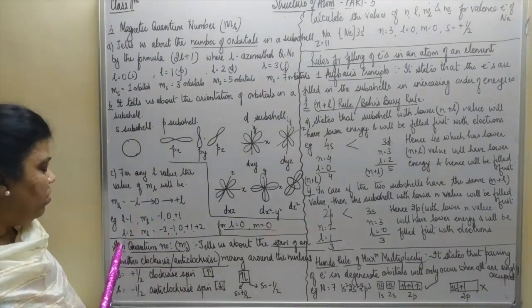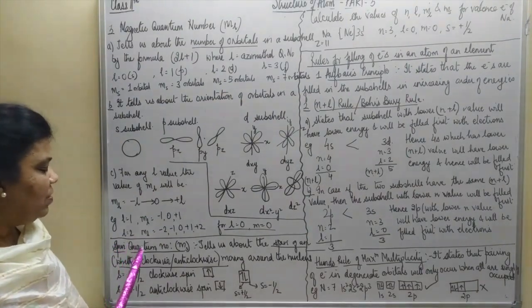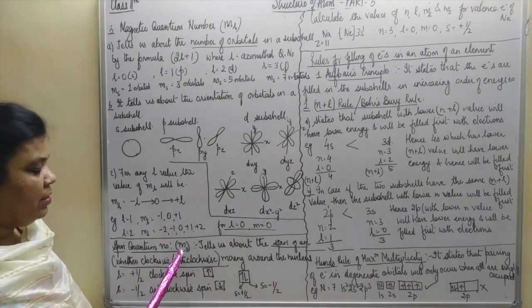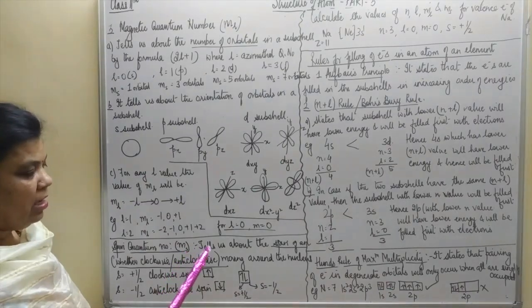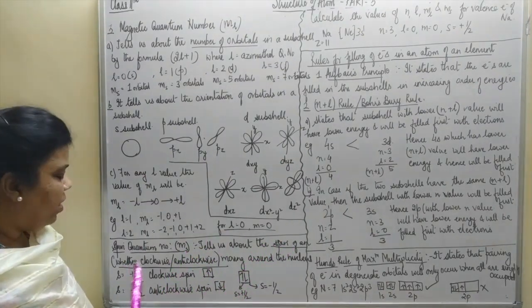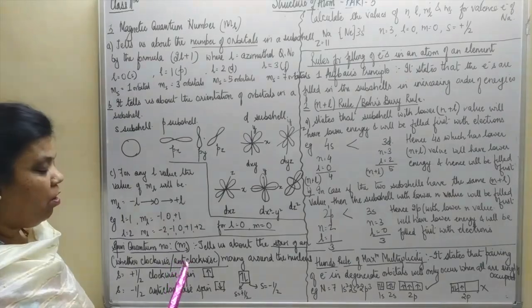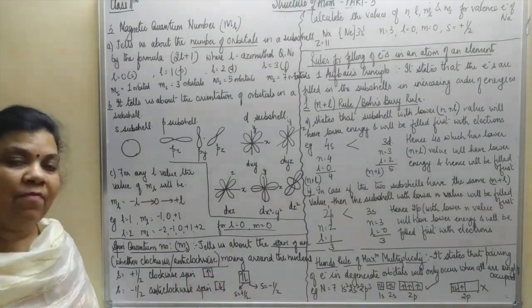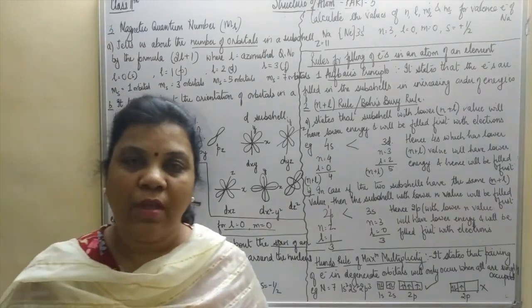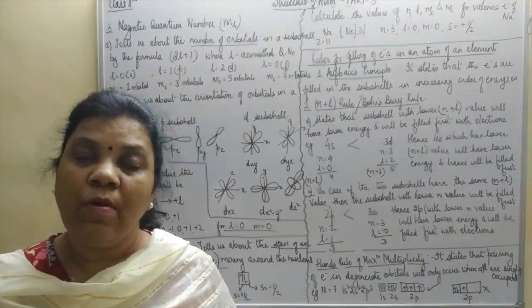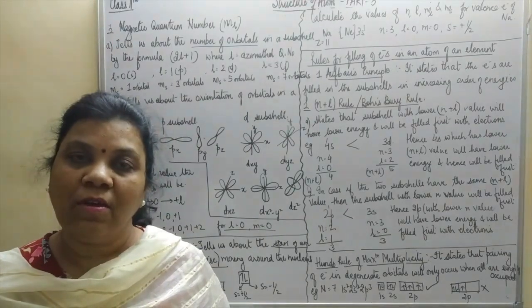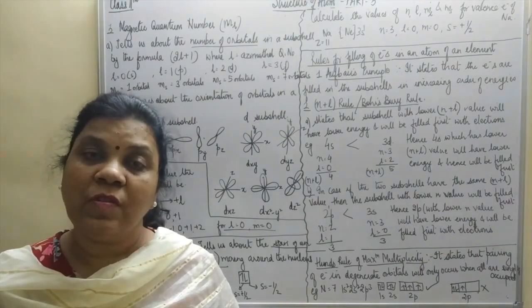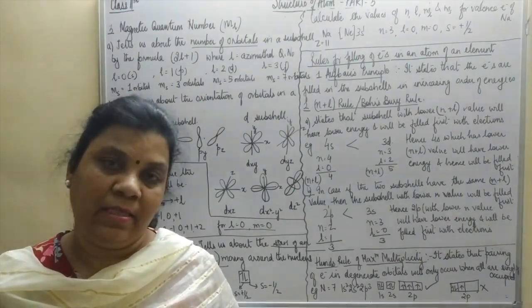Now, let us see the last type of quantum number, which is the spin quantum number, designated by m subscript s. It tells us about the spin of an electron, whether moving in clockwise or anti-clockwise direction. Whenever the electron is moving around the nucleus, it is not only moving in a circular path, it is also spinning on its own axis.